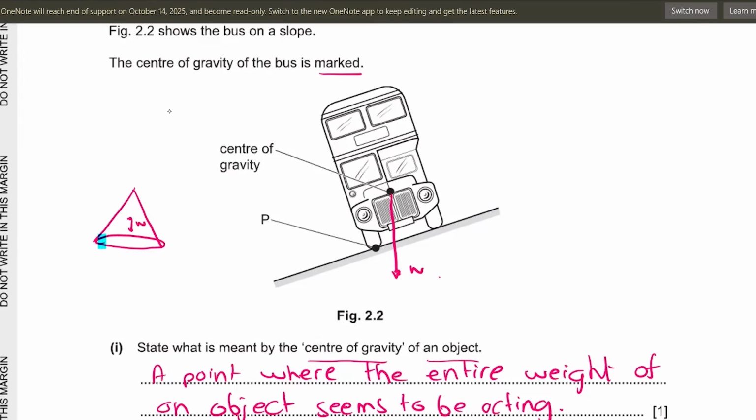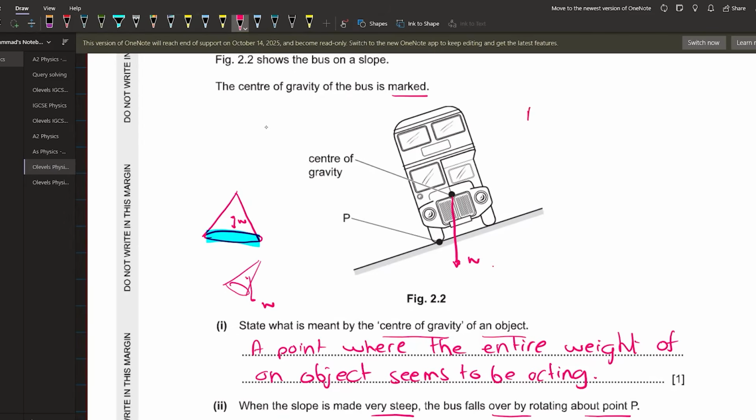Now सर, what is base area? This thing is the base area. This cone will topple. ये कोन गिर जाएगा if the weight of this cone starts to act outside the base area. So you can write this key point.